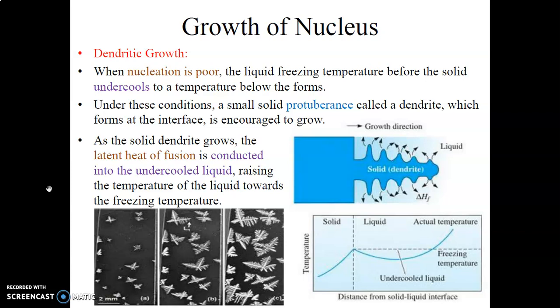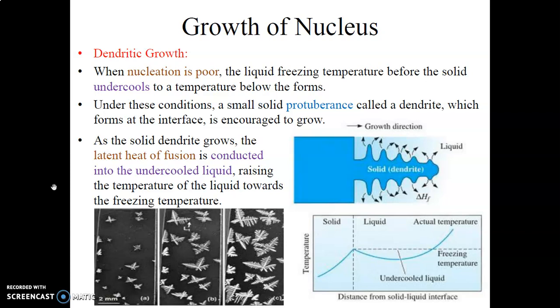When the nucleation is poor, the liquid freezing temperature is below the solid, and the liquid undercools to a temperature below the freezing point. You can see in the figure. Under this condition, a small solid protuberance called a dendrite forms at the interface and continues to grow.